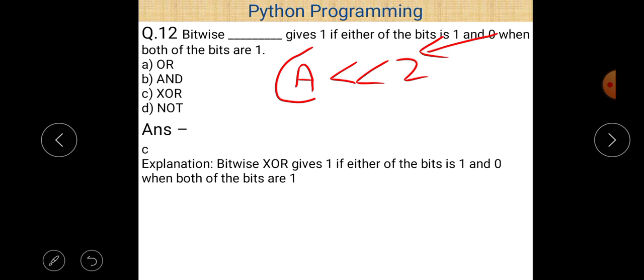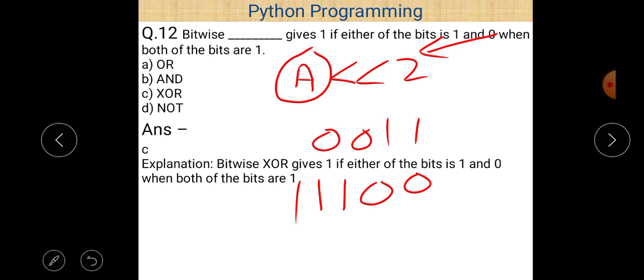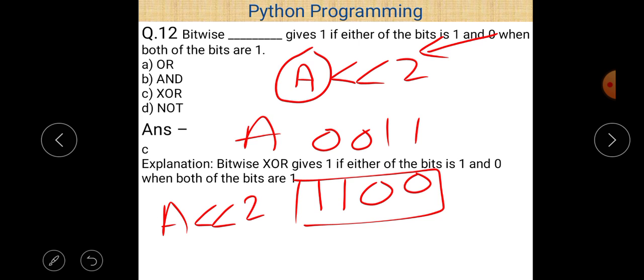So whatever is the value of a, first of all we have to convert this value into its binary form. For example, if the number is 0010 0011, then after shifting it two places to the left it is 1100. That is the output. That is the value after we left shift two places.